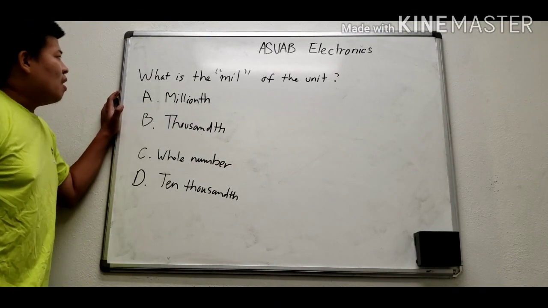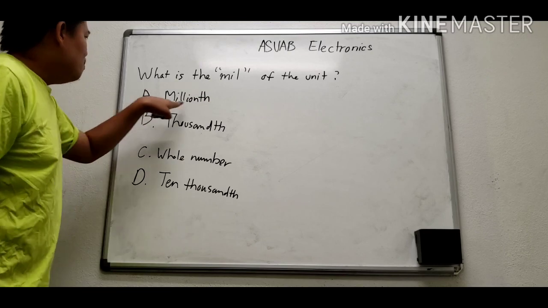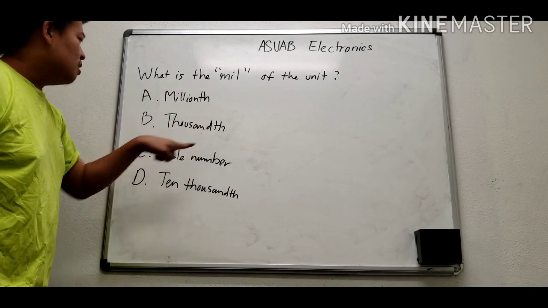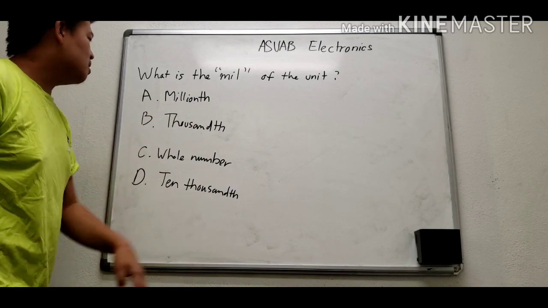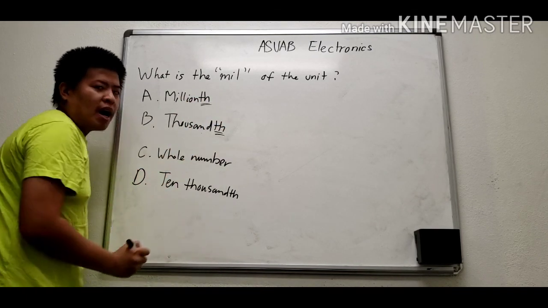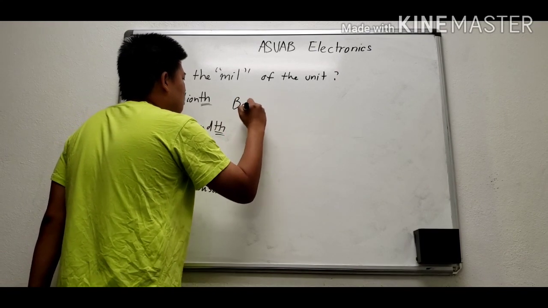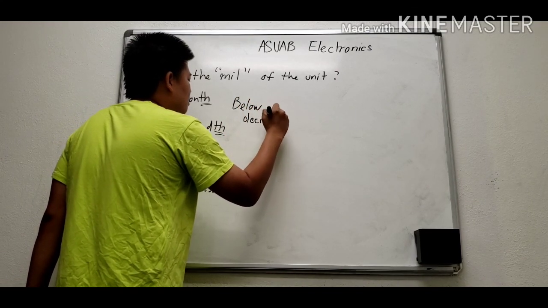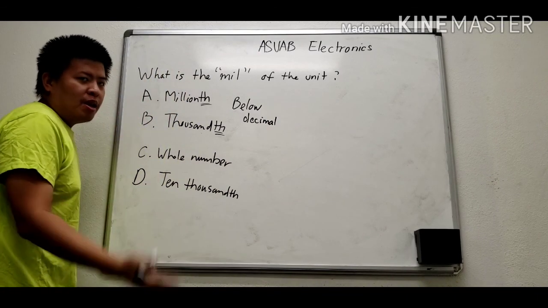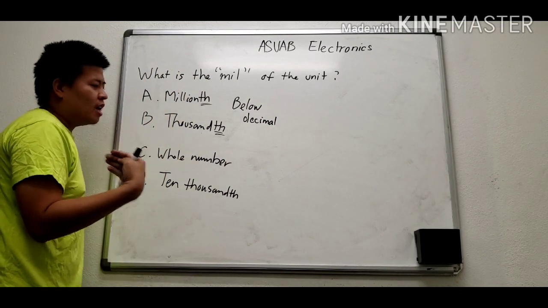I will talk about what milli means as a unit. We have million, thousand, whole number, 10,000. We know that the thousandth is below the decimal, on the right side.